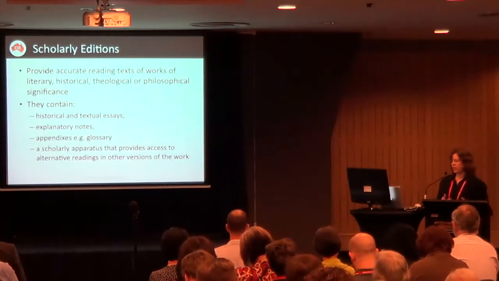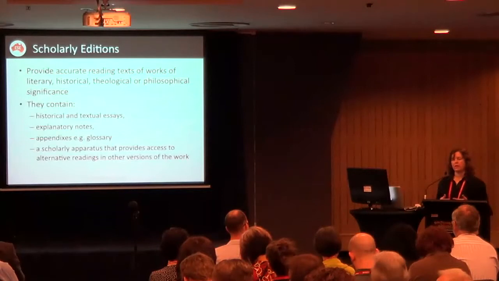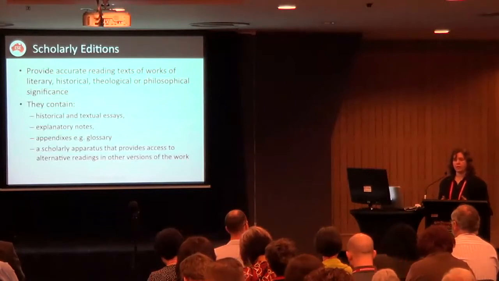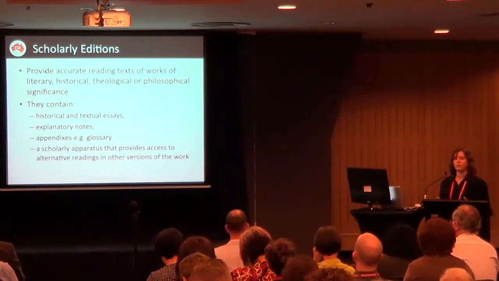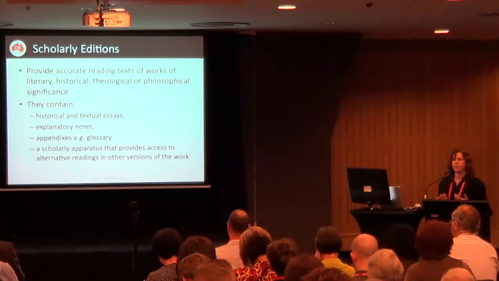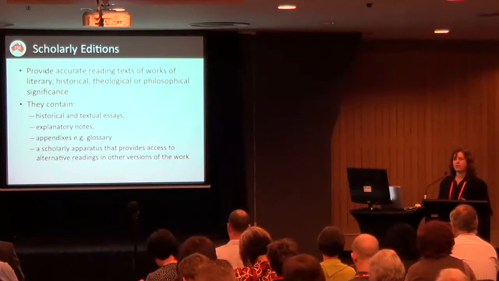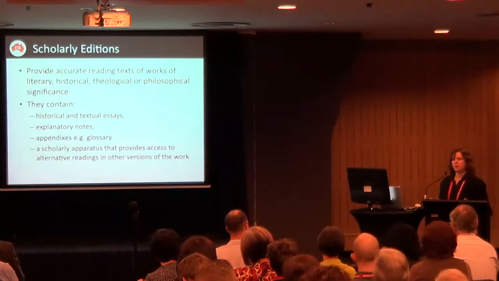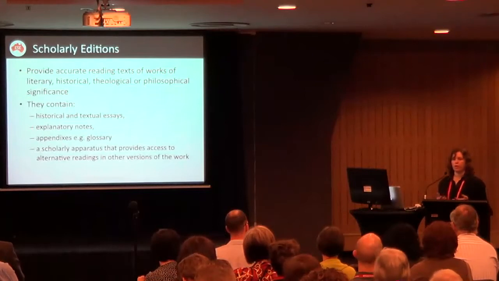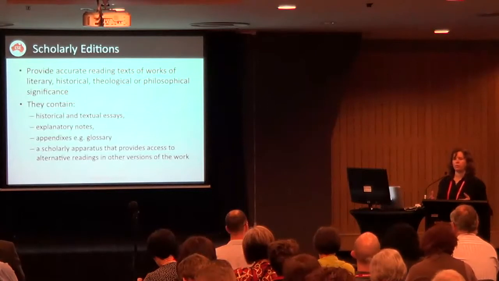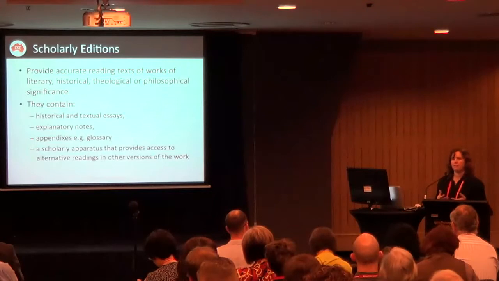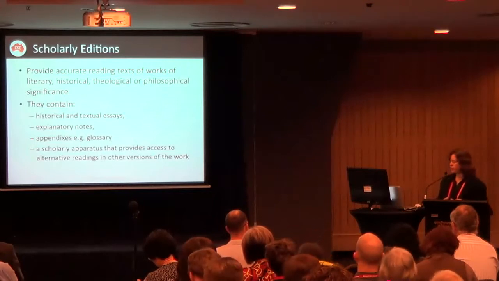Scholarly editions not only contain those essays, but they also contain a lot of annotations in the form of explanatory notes and other notes that provide geographical information and contextual information. Appendices such as glossaries, and sometimes they might be very specific to the domain. For example, if you have a scholarly edition of a nautical journal, you might have appendices that describe nautical terms and describe some of the significant information that was contained in that journal.